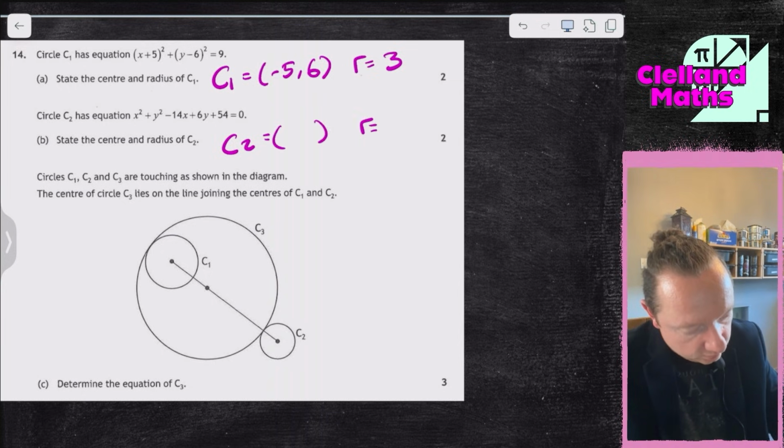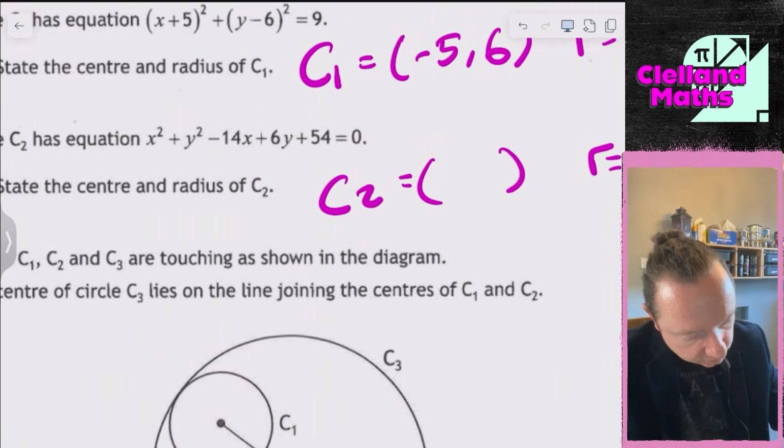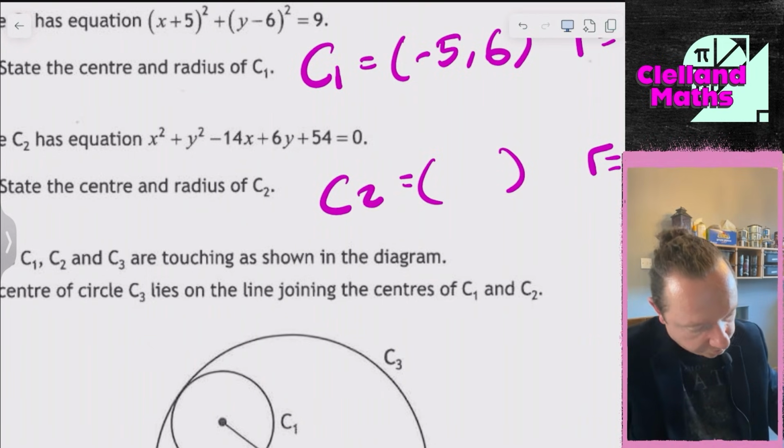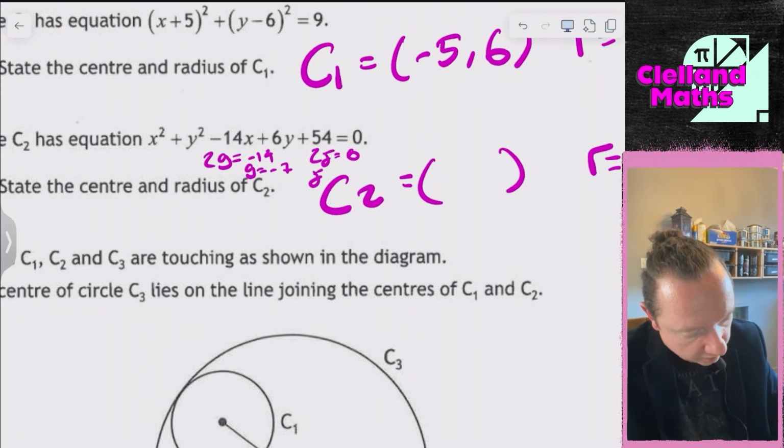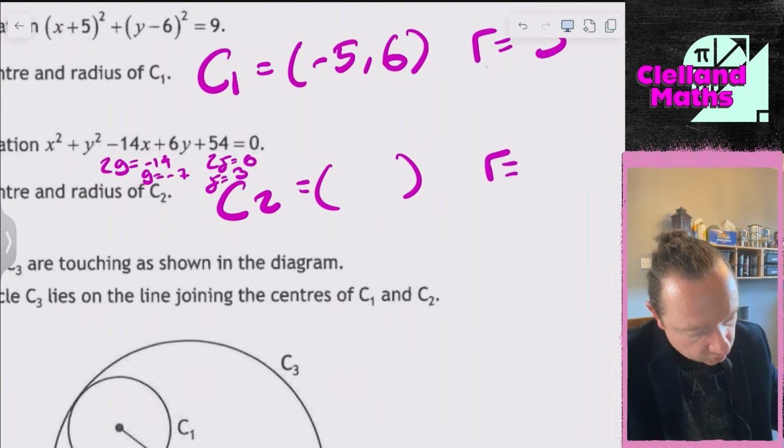C2: that's radius as well. So minus g, minus f. So 2g is 14, well, minus. So g is minus 7. 2f is 6, so f is 3. So it's minus g, minus f: 7, minus 3.